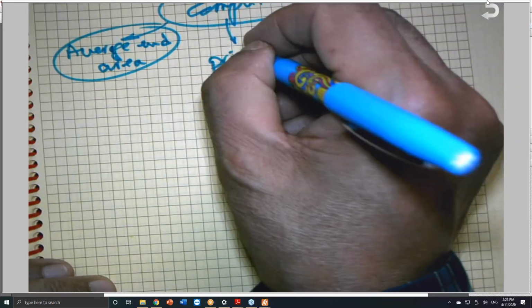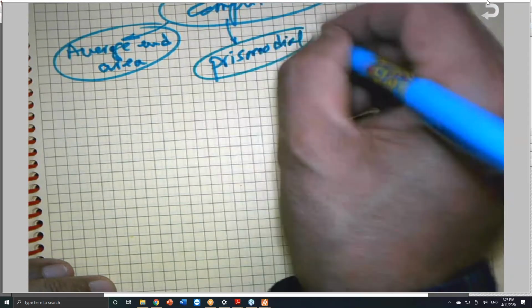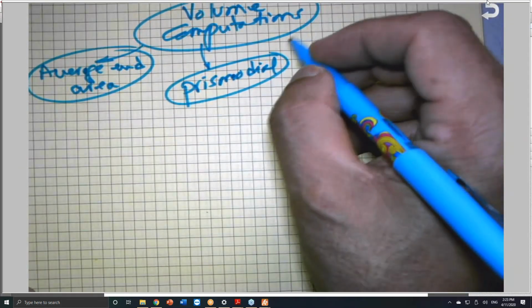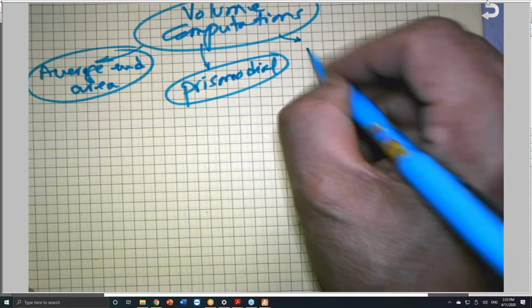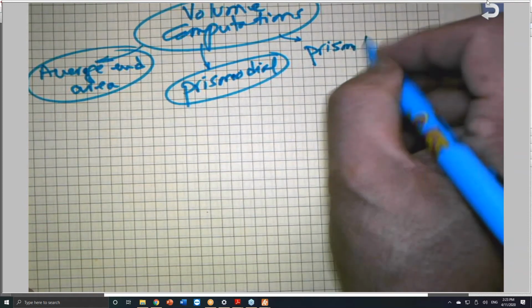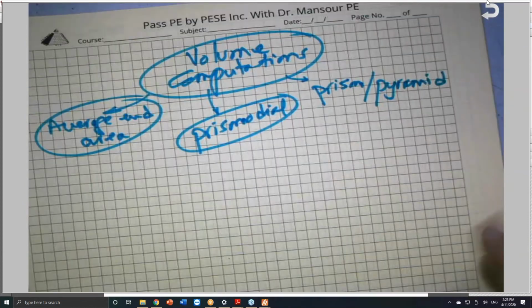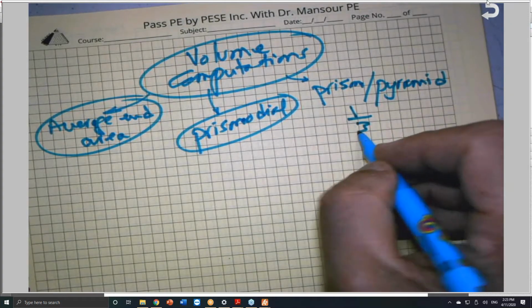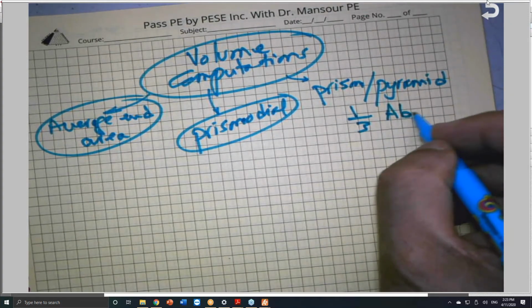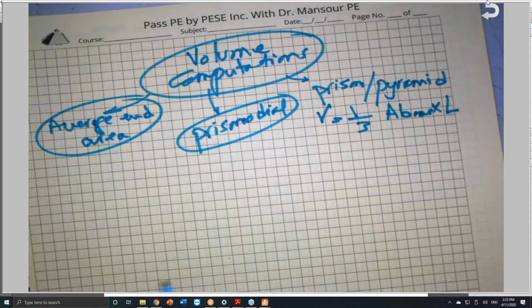Prismoidal, a prism or pyramid, which is a one-third rule, as we call it: one-third the area of the base times L. This will give you the volume.